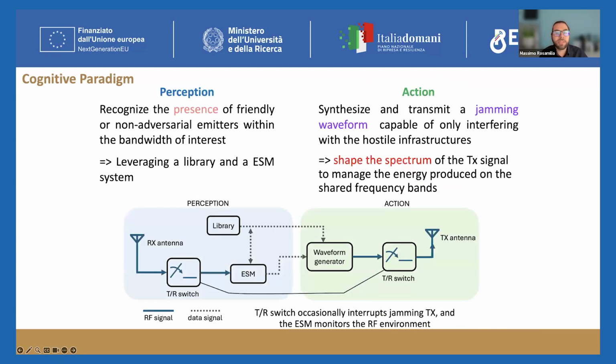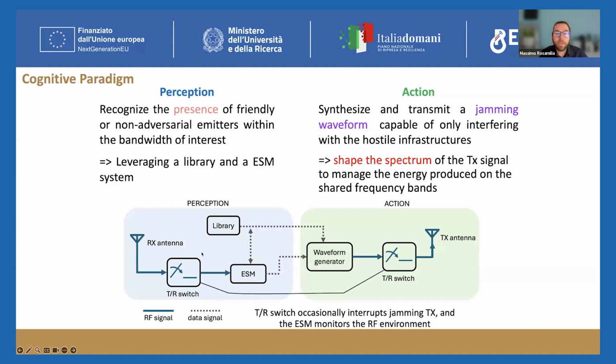And to perform the selective barrage, we resorted to a cognitive paradigm, which consists in the implementation of the perception action cycle depicted in this slide. With the perception stage, we recognize the presence of friendly or non-adversarial emitters within the bandwidth of interest.